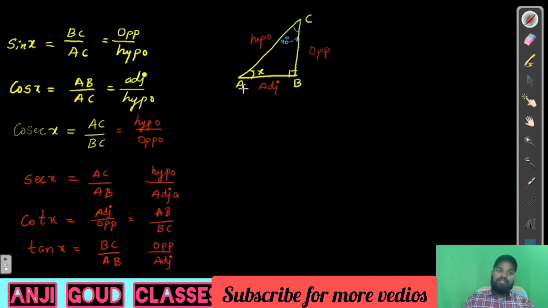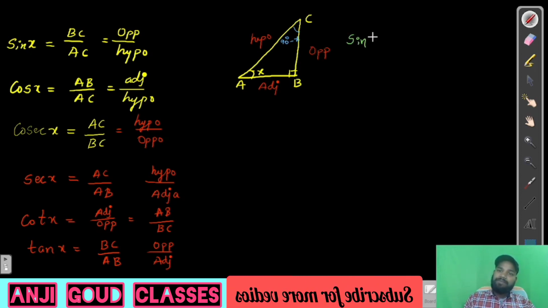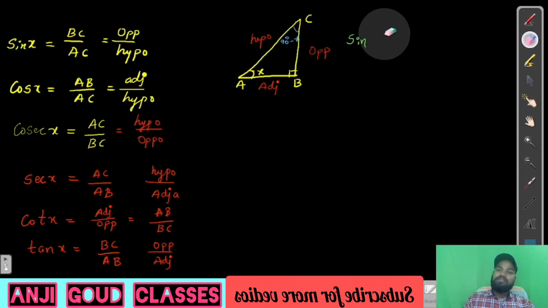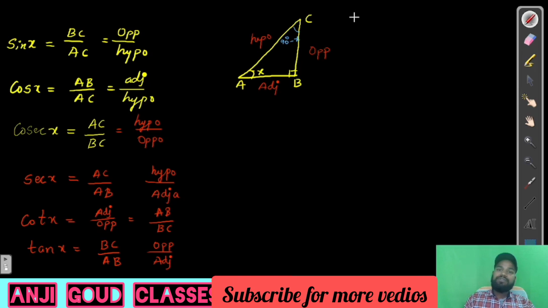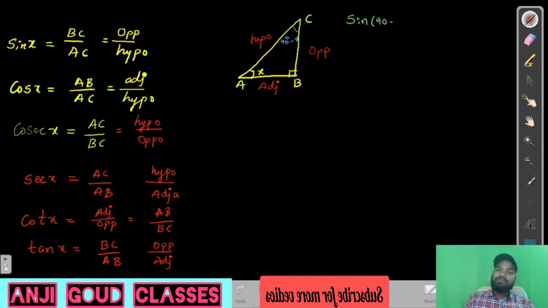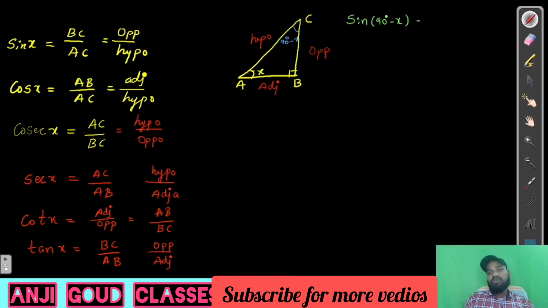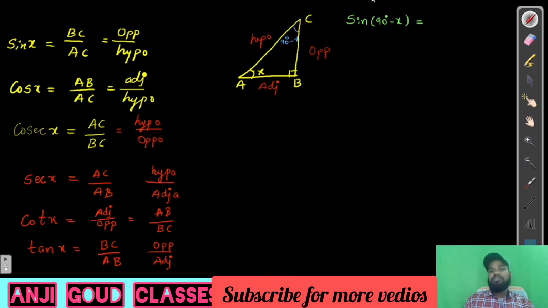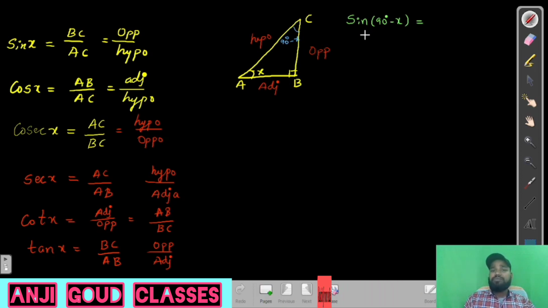Now we are finding sine of 90 minus x, with angle C. What is the sine formula?